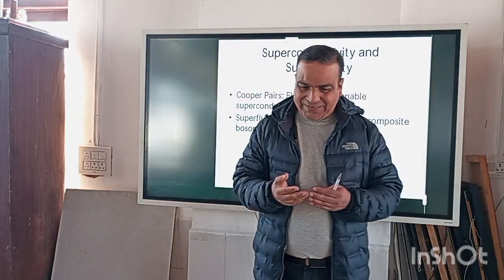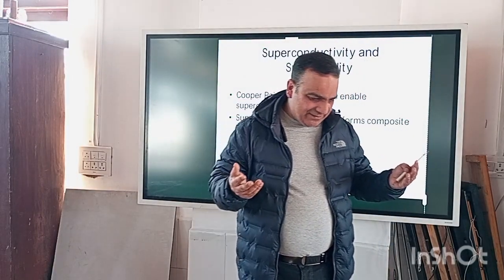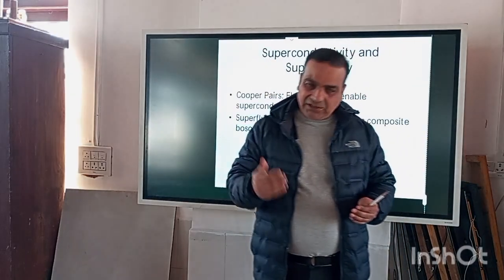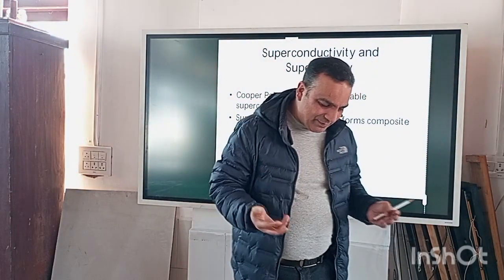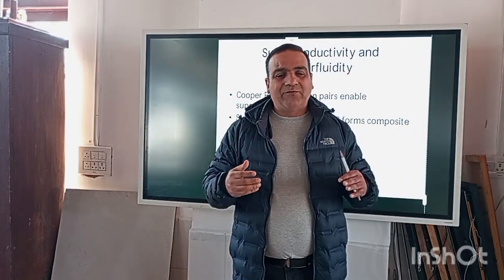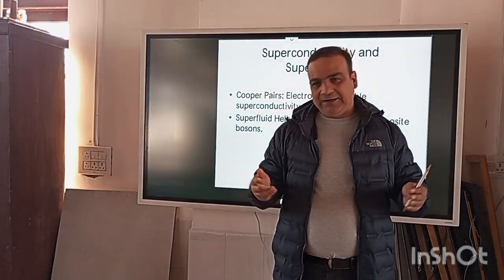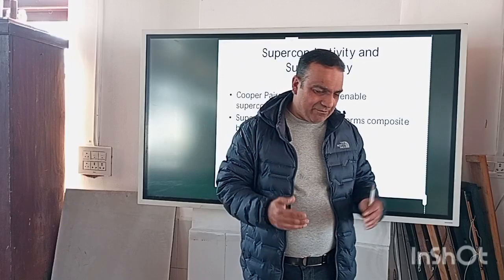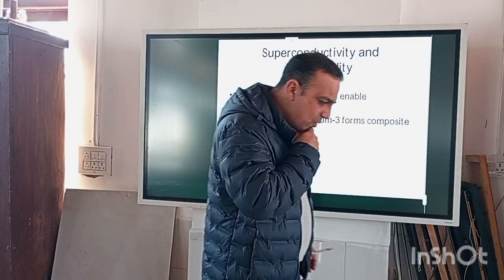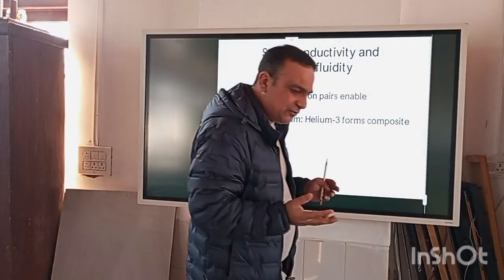He was investigating the resistivity properties of mercury at low temperatures, and accidentally he could measure no resistivity in mercury when the temperature reached close to 4 Kelvin.